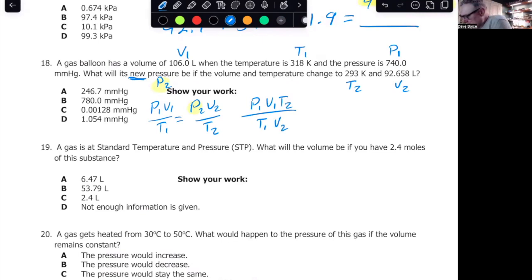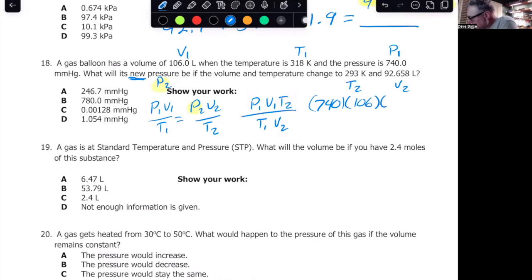So let's go ahead and plug in those values. P1 is in mmHg. Cool. So my answer is going to be in mmHg, and notice so are my answer choices. So 740 times V1, which is 106, times T2.